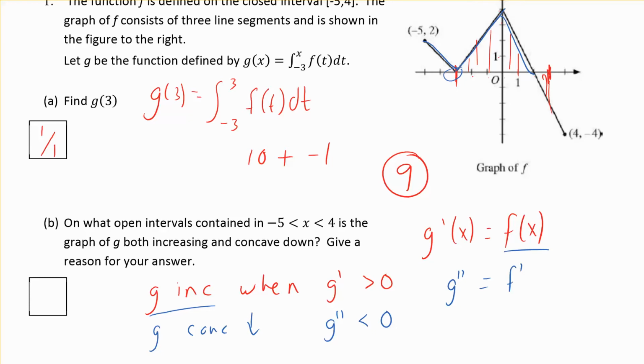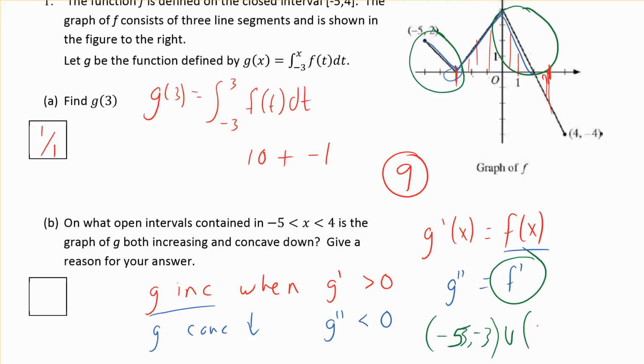So then I can draw, this is going down there and going down there. So that's where my positive and decreasing match. So my answer would be from -5 to -3 and from 0 to 2.